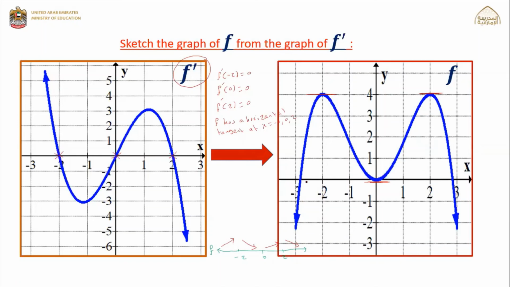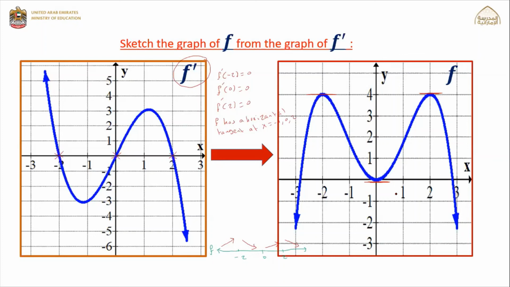From -infinity up to -2, f is increasing, as I showed here in the number line. From -2 to 0, f will be decreasing. And from 0 to 2, f will be increasing. After that, from 2 to infinity, f will be decreasing. So this shape is suitable for the function f.